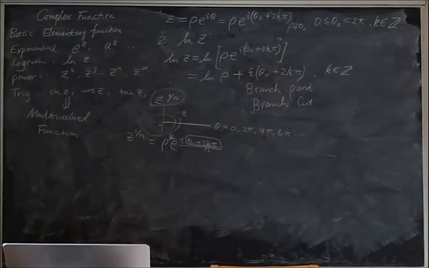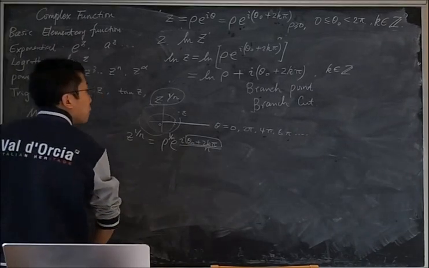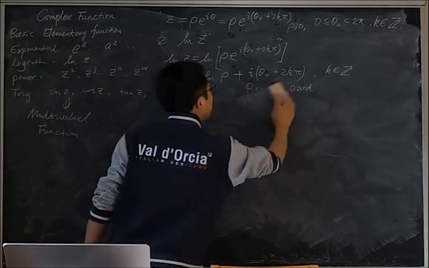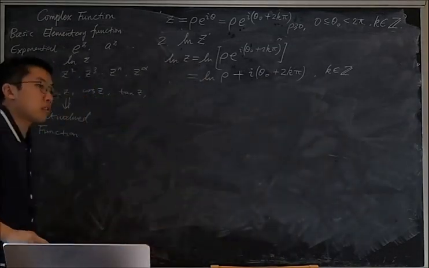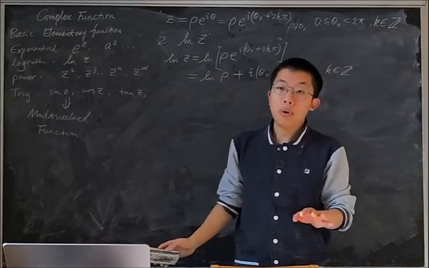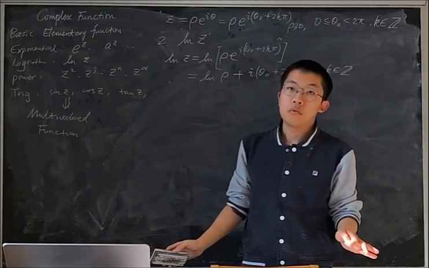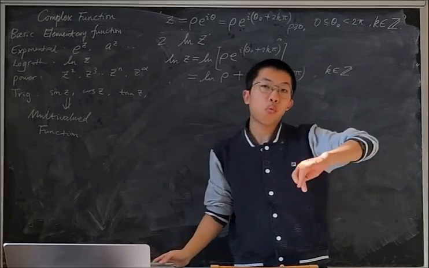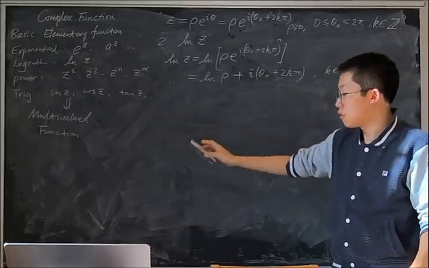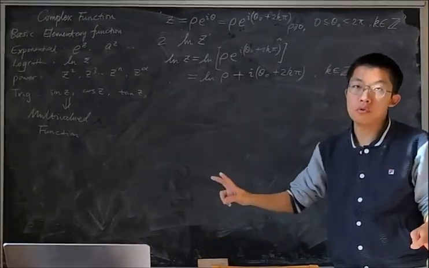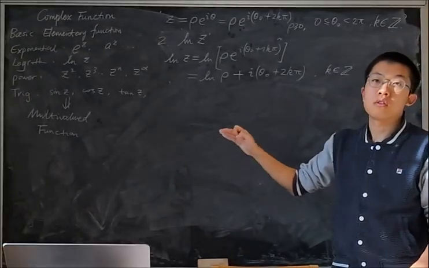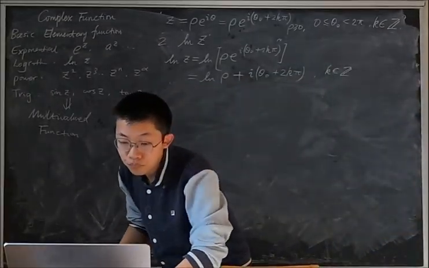So that's the concept of branch point and branch cut. From now on, most of our discussion will be restricted to one branch. And when we have a multivalued function, we will be very careful to avoid the branch point or the branch cut as much as we can.